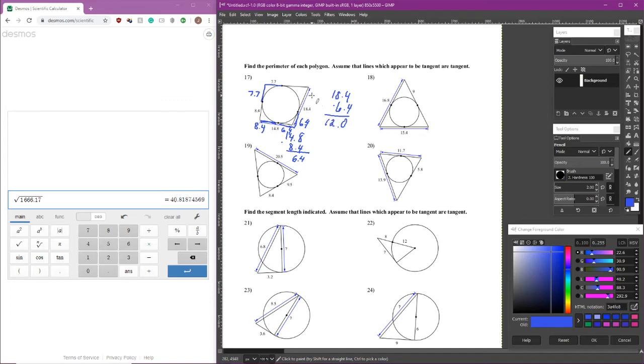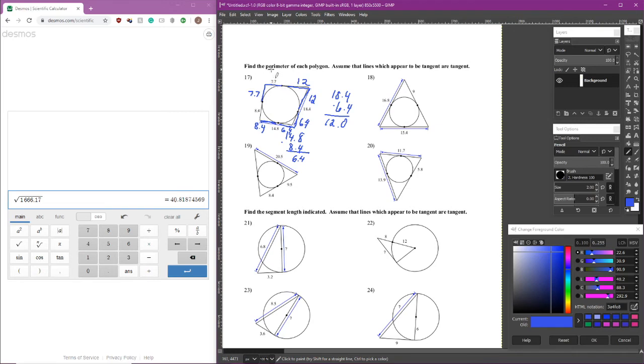And so the remainder is 12.0 if you want, but it's just 12. And then if you look at the angle, both of these sides of the angle are tangents, and so they are the same. So I'm going to write in this 12 right here. Now you see all the little pieces that we can use to add up to find the perimeter.